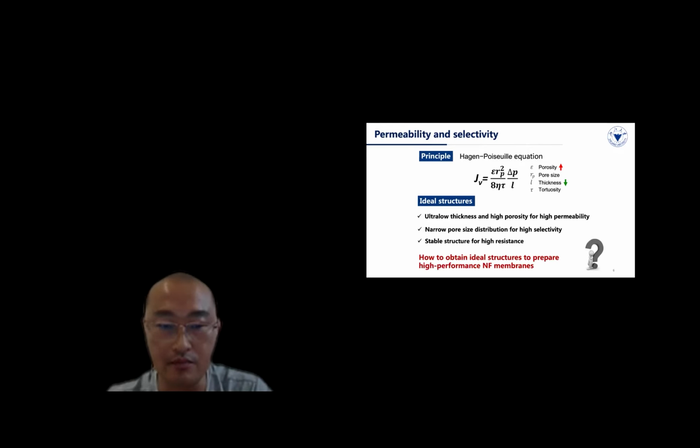But even though we know the principle to make a membrane with good performance, how to do this is a big challenge for membrane scientists and engineers.